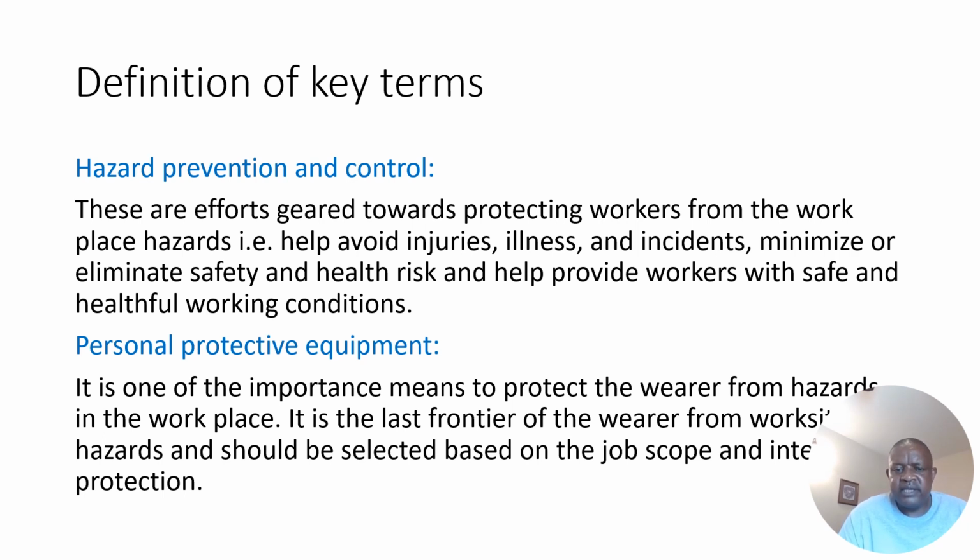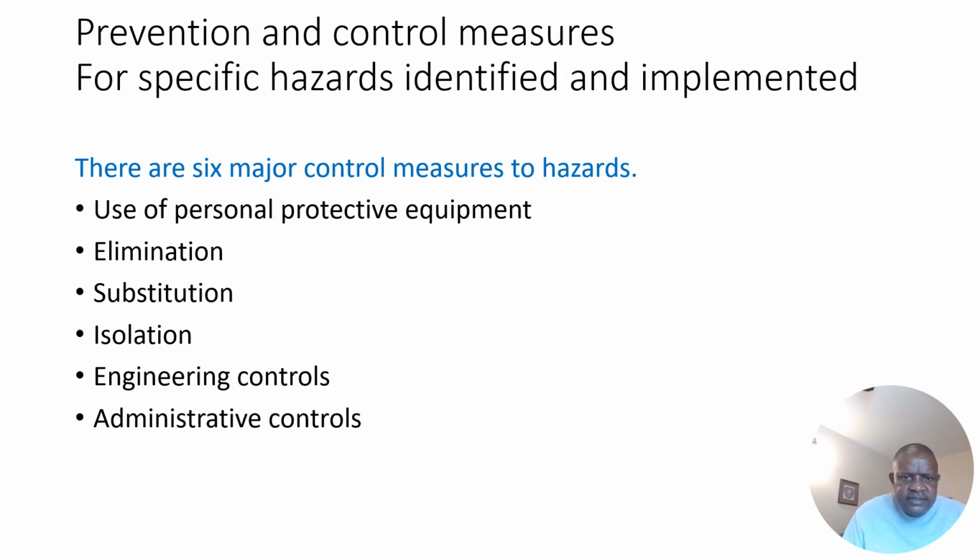If you are working with an area which is very slippery, with water flows, then you must be wearing shoes that are anti-slip, or they must place anti-slip mats into those areas. So personal protective equipment, we use them depending on the identified hazard, and also the level of risk. We say there are prevention and control measures for specific hazards.